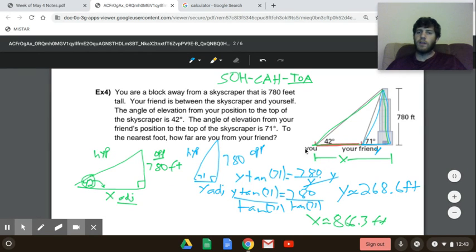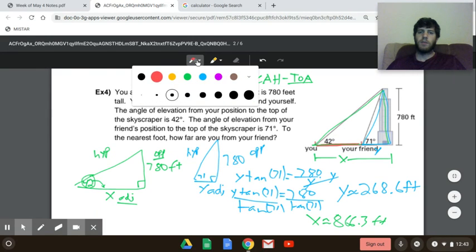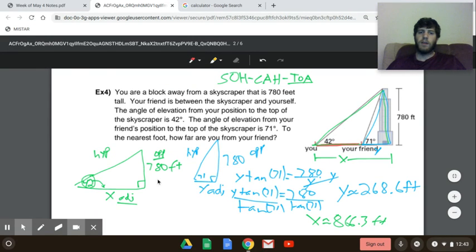So if we take that whole distance and subtract your friend's distance, you should find the distance between you and your friend. So we do the last step here. 866.3 minus 268.6.